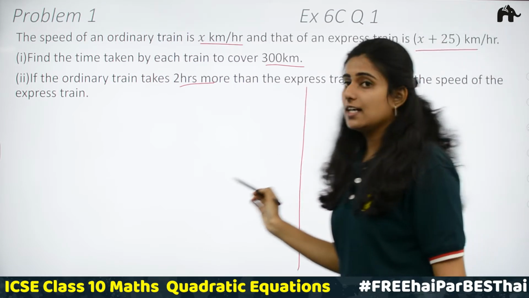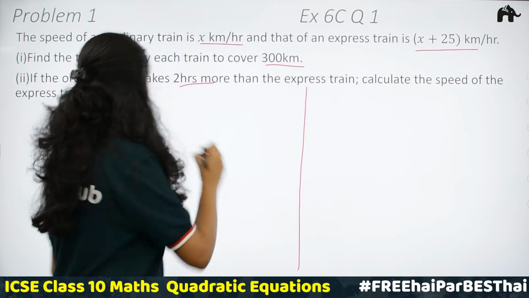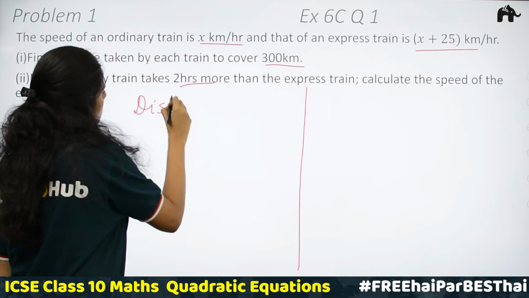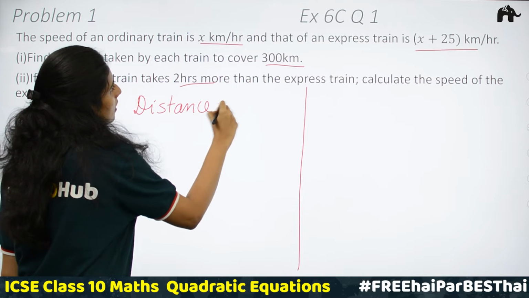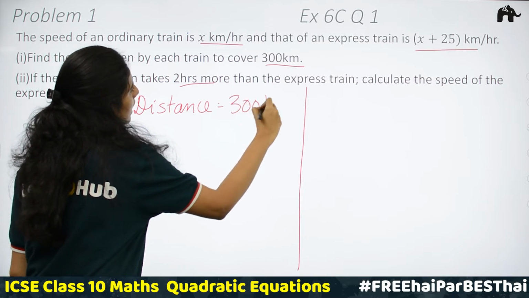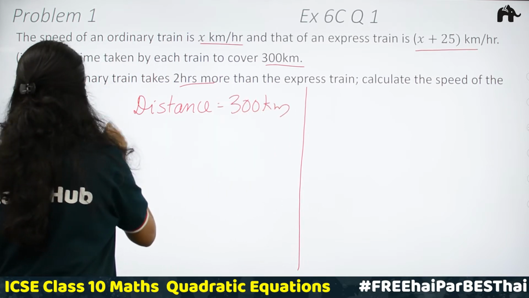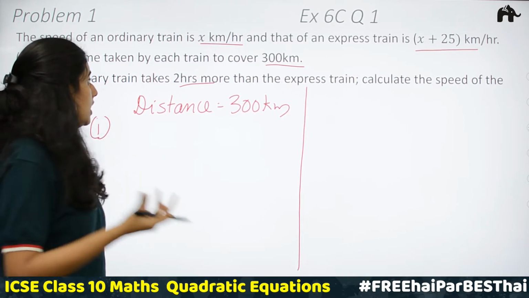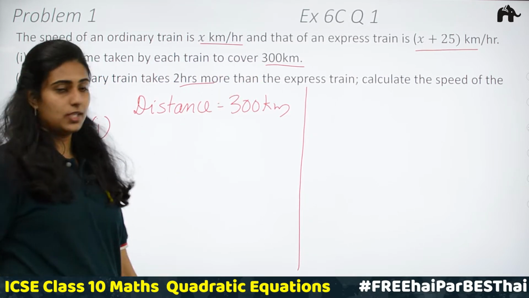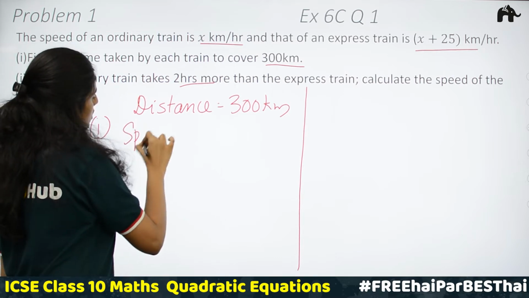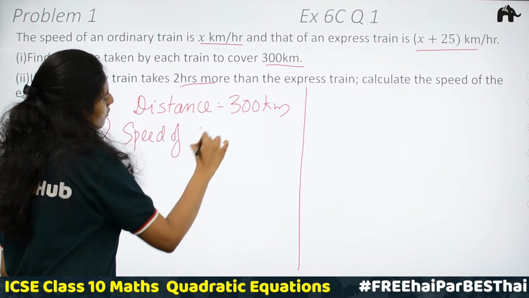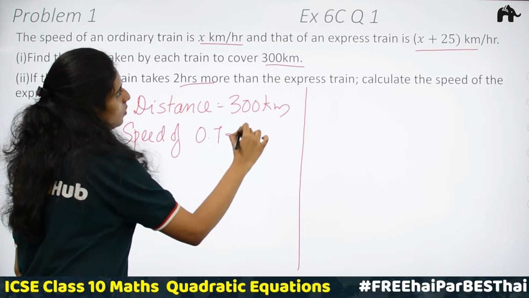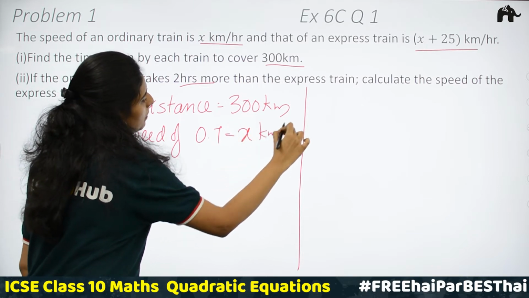Okay. Here, given that the distance is equal to 300 km. In the first question, we need to find the time taken by each train to cover 300 km. What is the speed of ordinary train? Speed of ordinary train is equal to x km per hour.